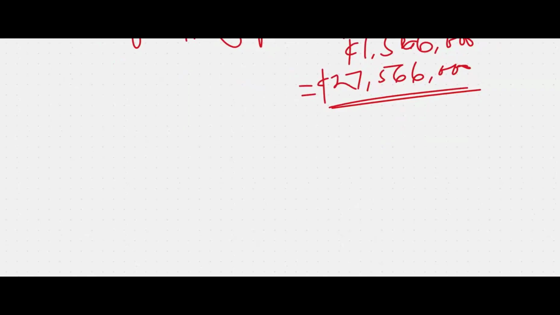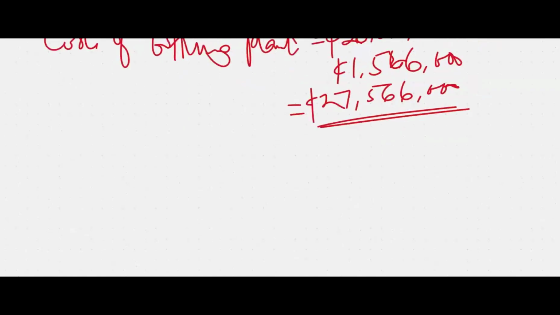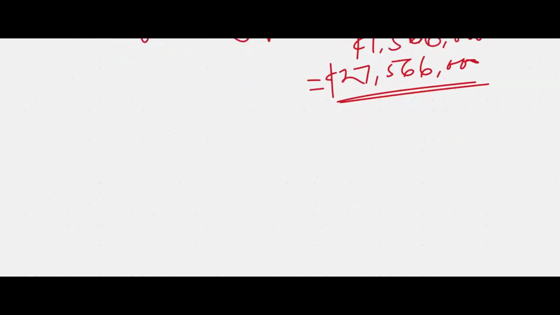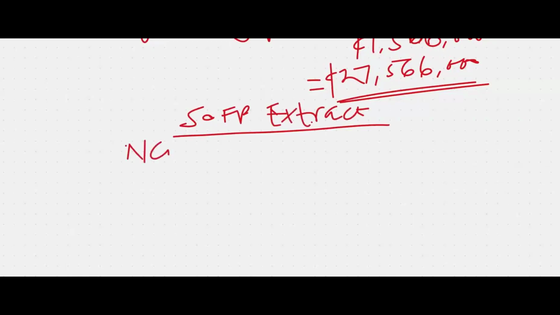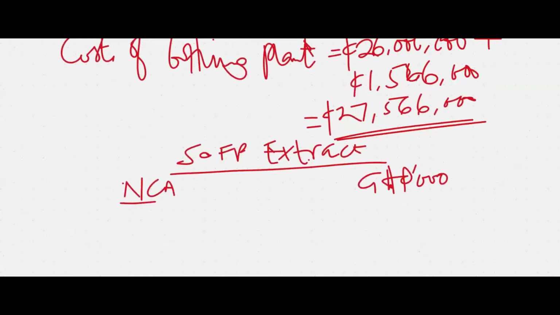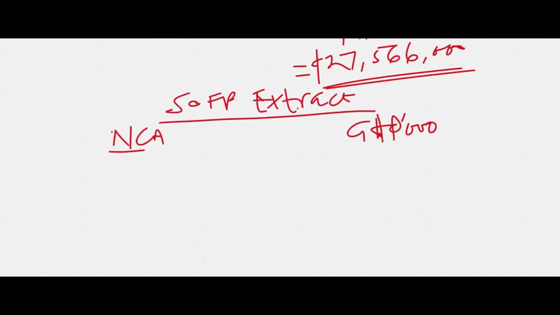Let's see this. Borrowing cost to be expensed. They said the borrowing cost is to be treated in the profit or loss, which is the finance cost. I've told you that they can say borrowing cost and they can say finance cost. You should know what that means. So when they change the term, do not be confused.